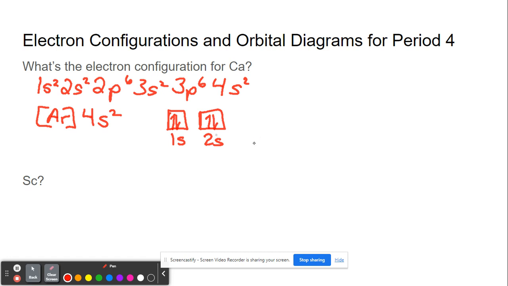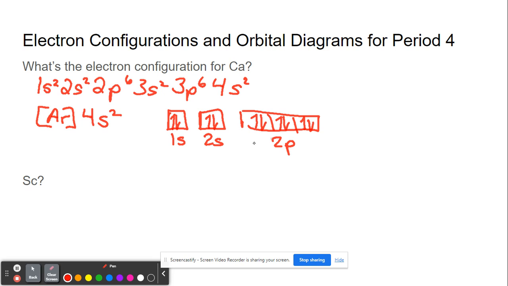That's why my arrows point in opposite ways. I know that there are three 2p orbitals, and I have 6 electrons in them. Note that I draw the electrons first in each individual orbital before I show them paired.